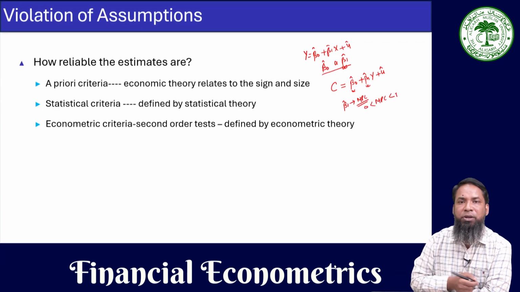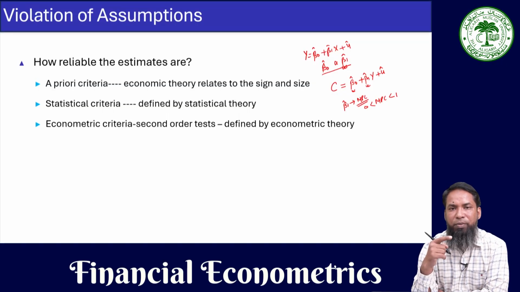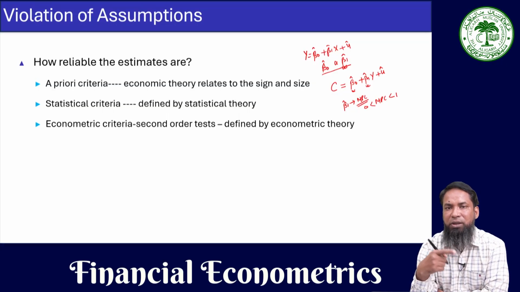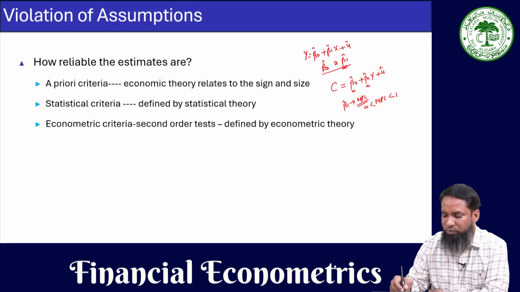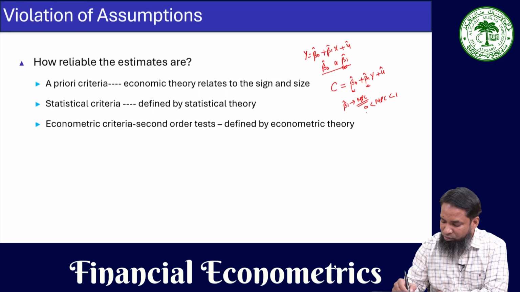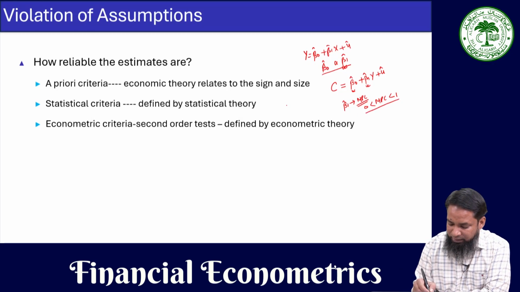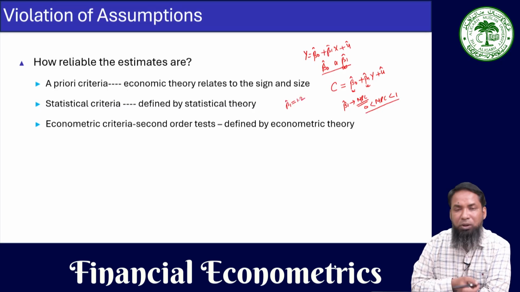What is the marginal propensity to consume? It says that if your income increases by 1 rupee, how much of that increased income you will consume. And from economic theory, we know it will be more than 0 and less than 1. Now let us say this beta 1 hat is 1.2.